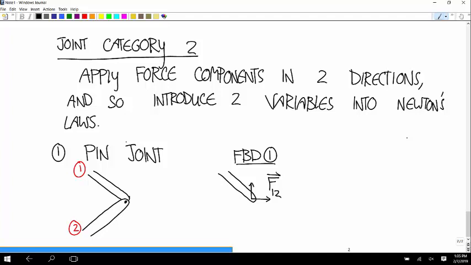There's no preferred directions here. And so the variables that would be introduced into Newton's laws would be F12x and F12y. And then the free body diagram of body 2 is F on 2 by 1, and Newton's third law says that's negative F12.